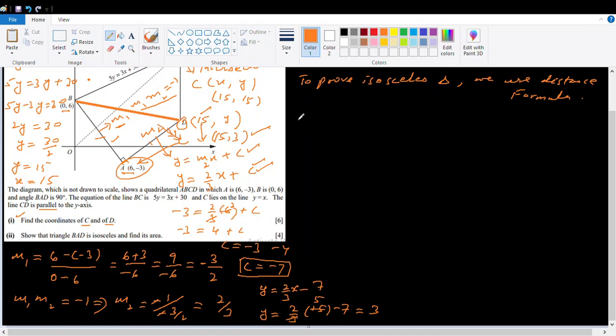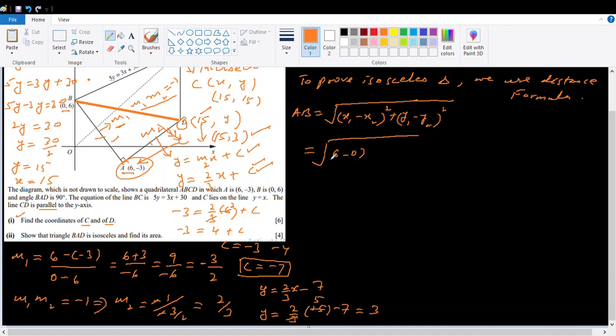So let's find the length of AB. AB is equal to the square root of (x1 minus x2) squared plus (y1 minus y2) squared. It would be x1 is 6 and x2 is 0, so 6 minus 0, and then plus minus 3 minus 6, so (minus 3 minus 6) squared.